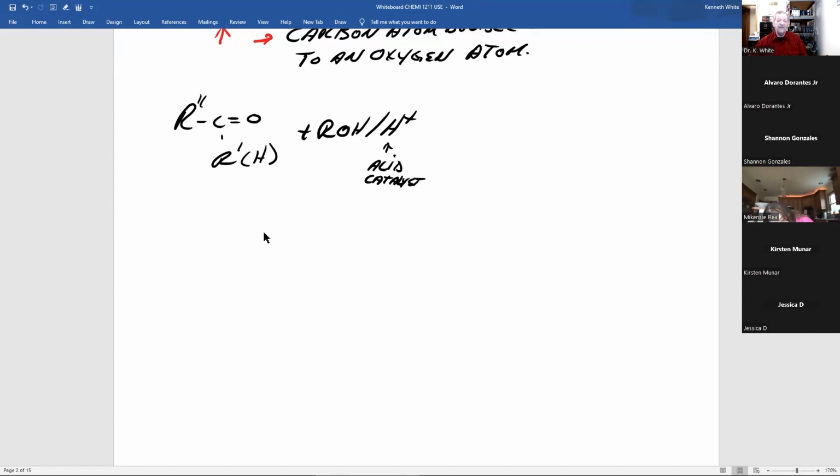And that could be sulfuric acid. And there are other acids I'm not really going to cover this semester that I've worked with, like paratoluene sulfonic acid, methane sulfonic acid, an acid proton donor, H+.